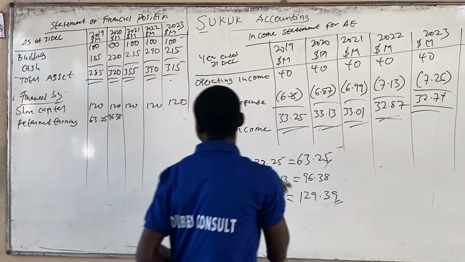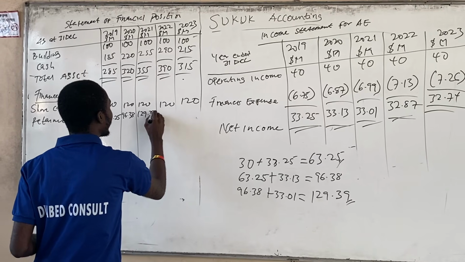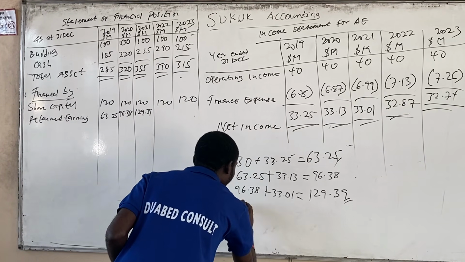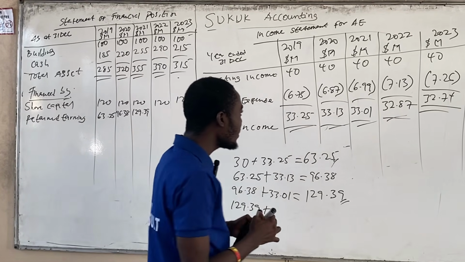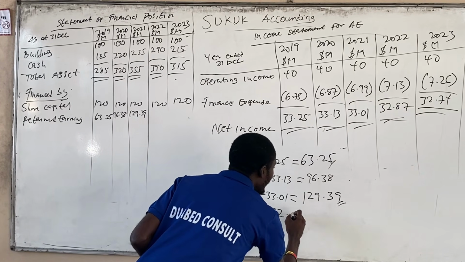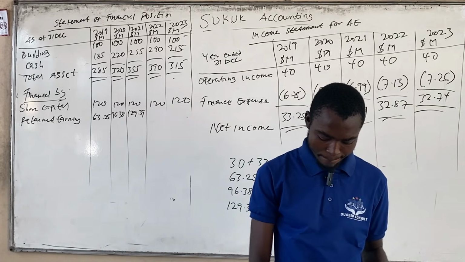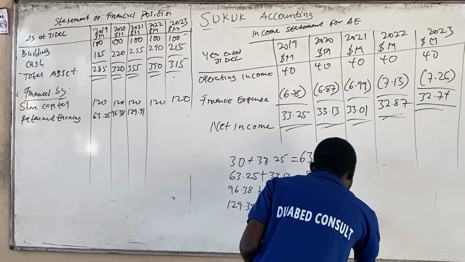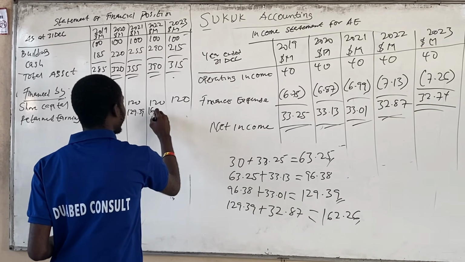This will serve as an open balance for the fourth year. 129.39 plus the fourth year net income of 32.87 will give us 162.26. And that will be the retained earnings balance for the fourth year.